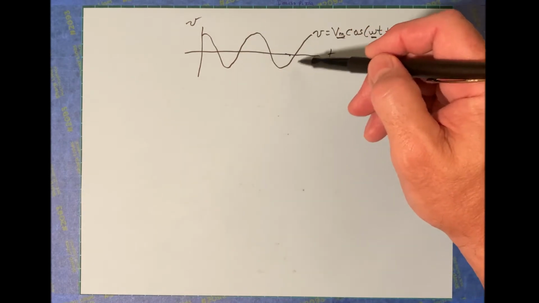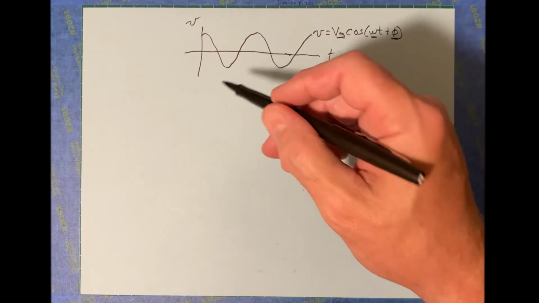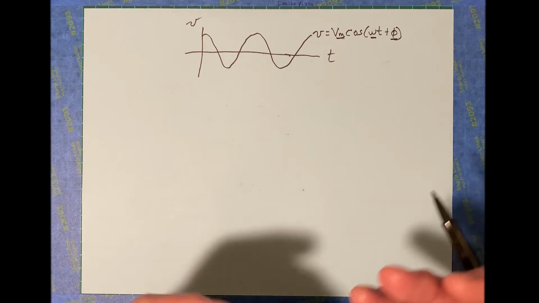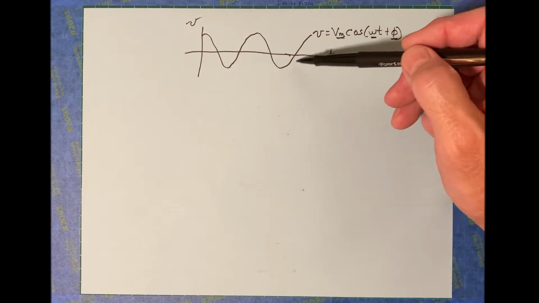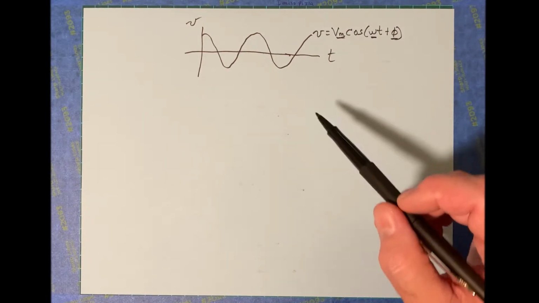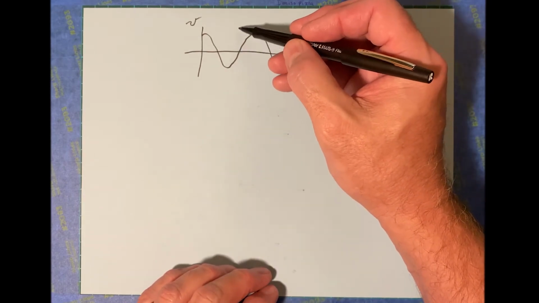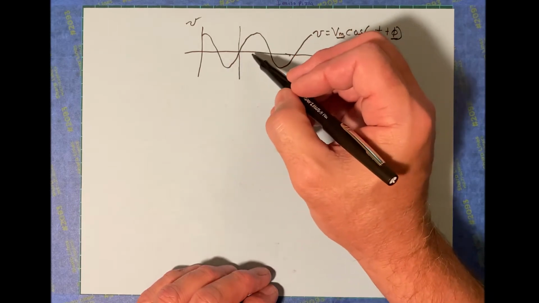So something better than instantaneous, which is only good for that instant in time, might be to talk about the average. But there's an obvious problem here, and I think you see it. The average of any sinusoidal function is going to be zero. Let's say you were to sum up over one cycle. That's not one cycle there.